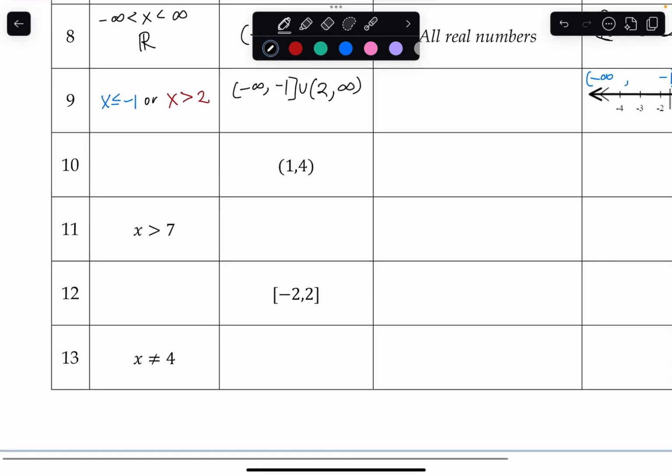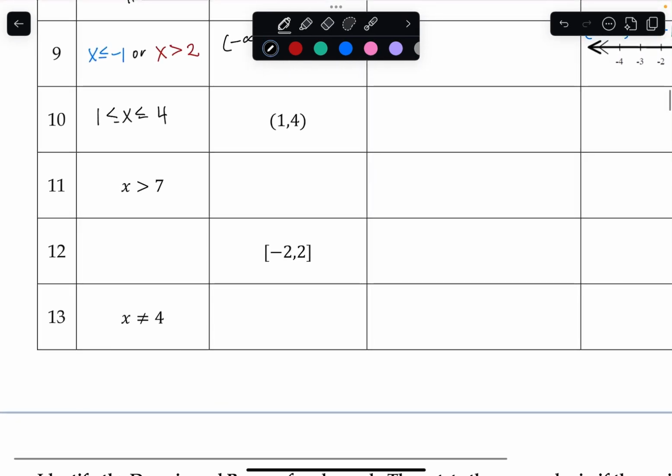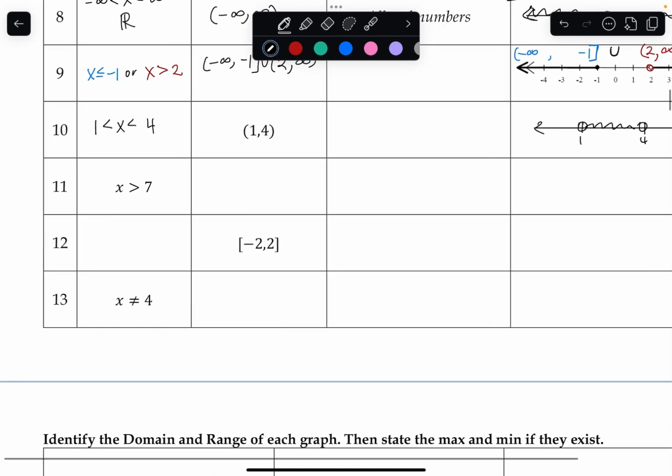Okay, here we have 1 to 4 with parentheses. So 1 to 4, that means it's a sandwich inequality with x in the middle. And no line underneath these because we have parentheses. And so on a number line, that would be the numbers between 1 and 4, both with open circles.